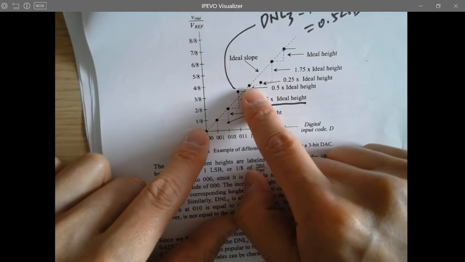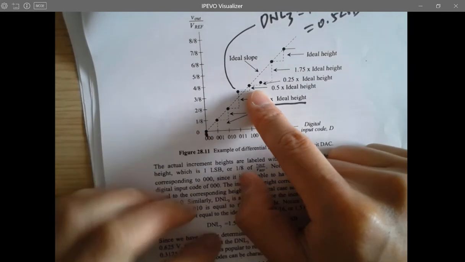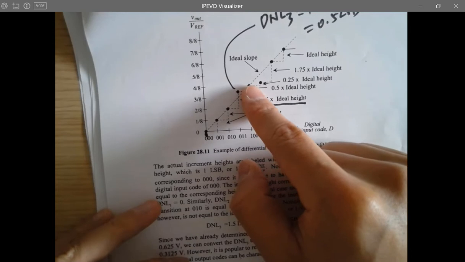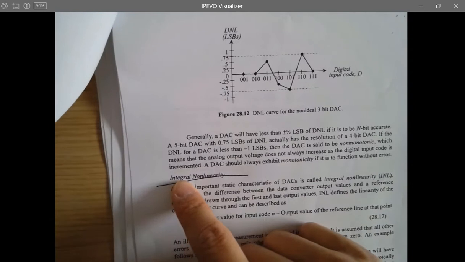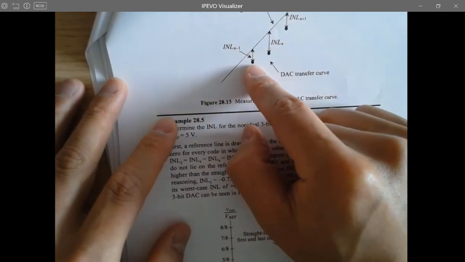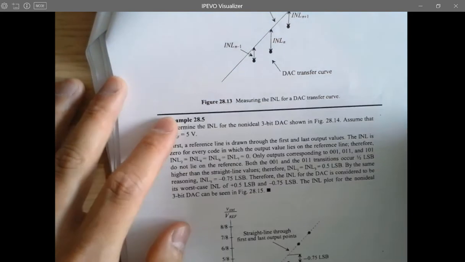So the point is right at the ideal curve. So INL is 0. But DNL is not 0 because the step is off compared to the 1 LSB. However, the INL, integral nonlinearity, compares the actual value here, the y-axis value, with the ideal y-axis value.